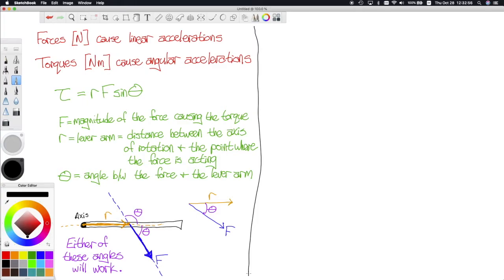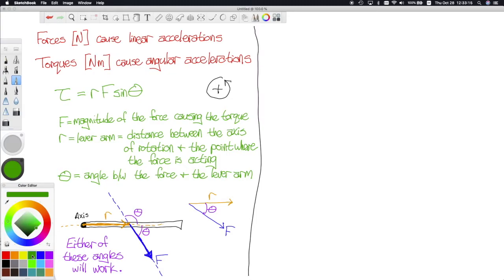Eventually, we'll start to think about torques as either positive or negative with our usual coordinate system for rotation stuff. Counterclockwise is positive. And we'll think about whether the torque exerted by that force is trying to rotate the object clockwise or counterclockwise.